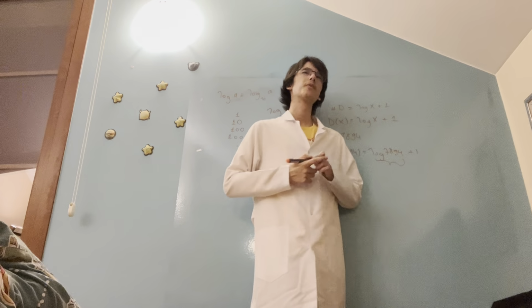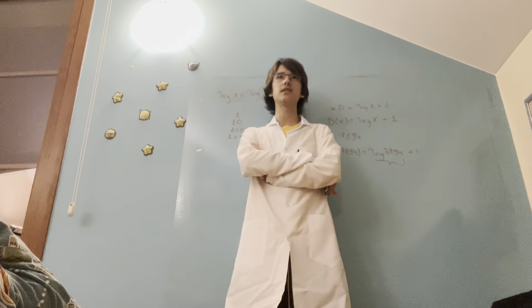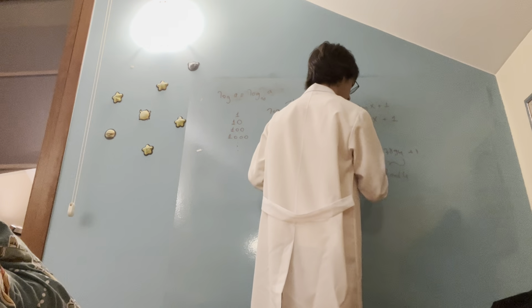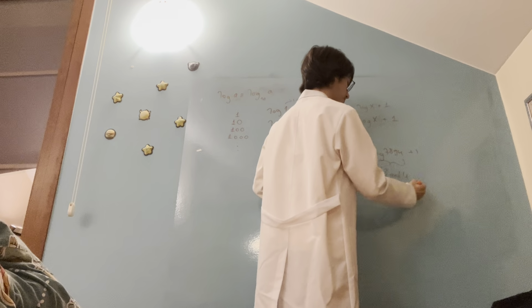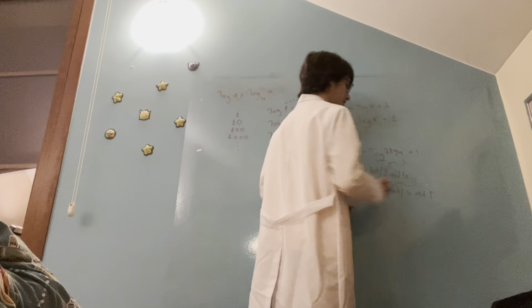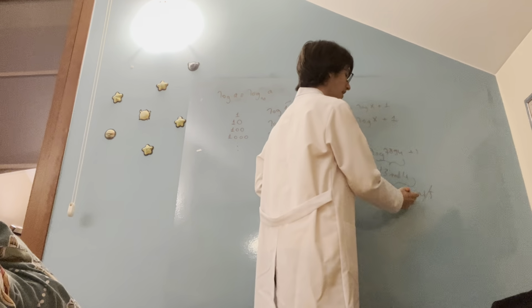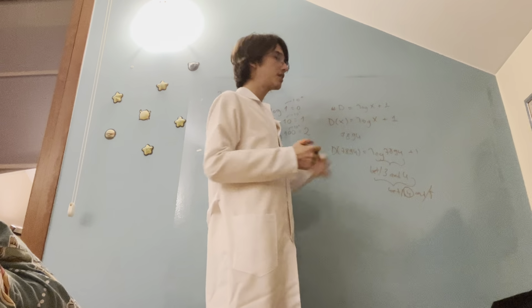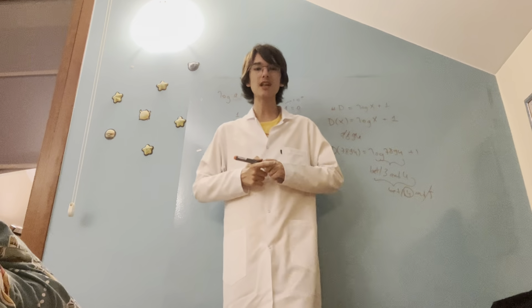I'm thinking that log of 1,000 is 3 and log of 10,000 is 4, so it's probably between 3 and 4. So plus 1 will give you a number between 4 and 5. Therefore, you truncate and you have 4. The fact is that this number has 4 digits, and if you count 1, 2, 3, 4, of course it does. So that's why we use 10.